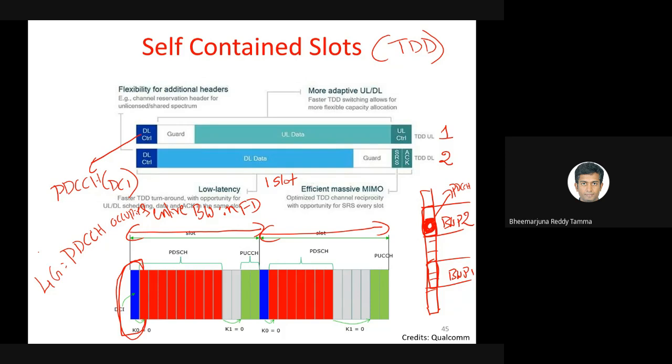In other words, the PDCCH in 5G doesn't occupy the entire bandwidth in the frequency domain. It occupies only a part of that. So that is a major difference.